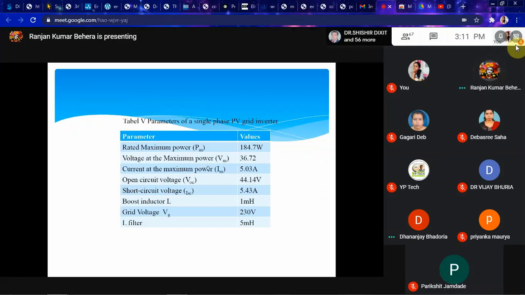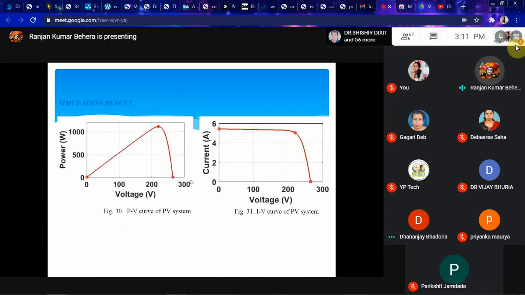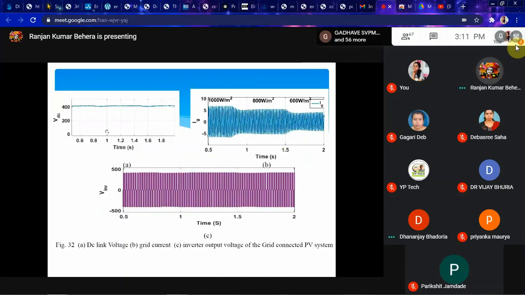You can see 184.7 watt actual system, and these are the parameters of that one. So then we simulated the system for maximum power transfer, and you can see that VDC is here, and IG.